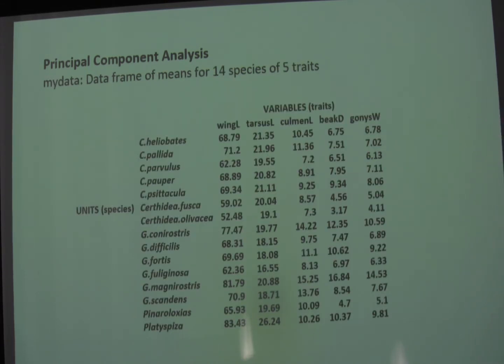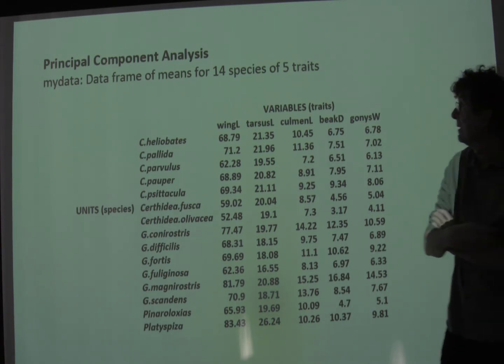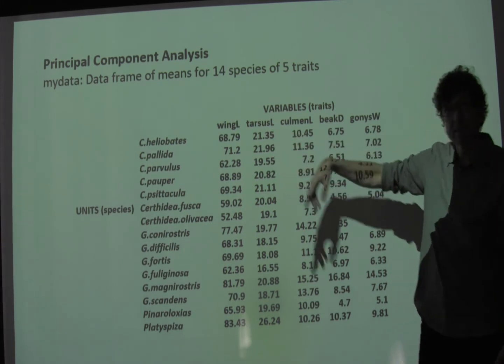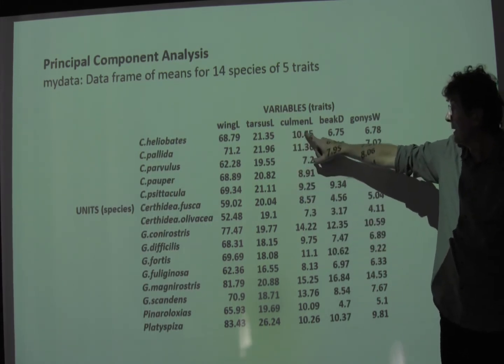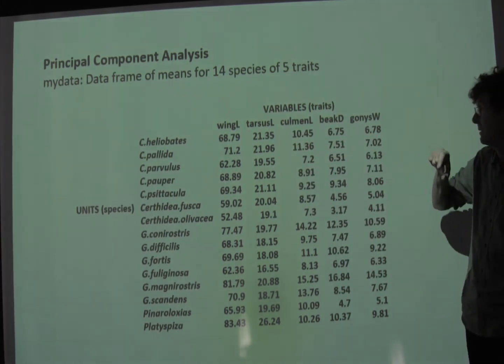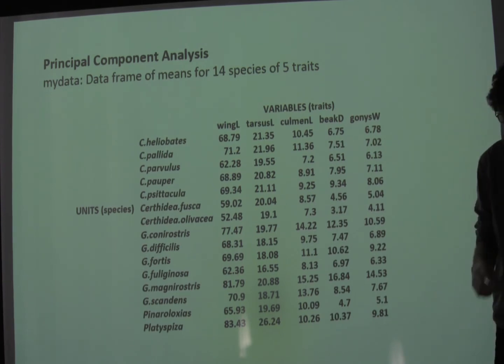So here's my data set, which was 14 species of Galapagos finch, averaged across populations, and then 5 different traits. Wing length, tarsus is basically leg length, the length of the beak, the depth of the beak, the vertical dimension, and the width of the beak.